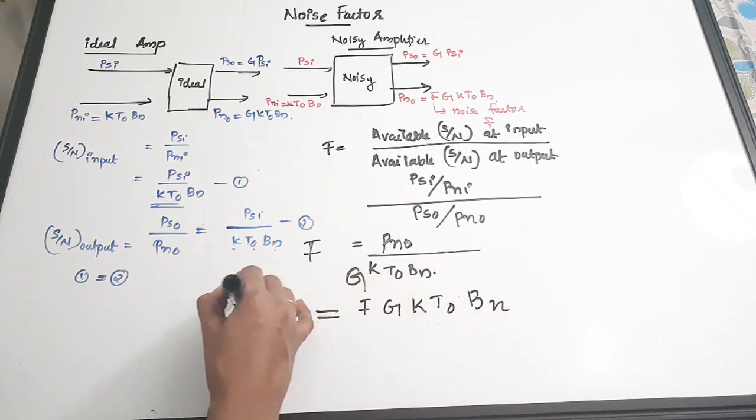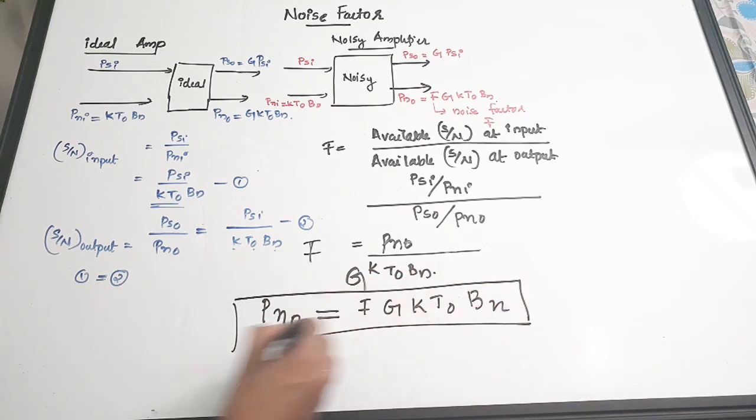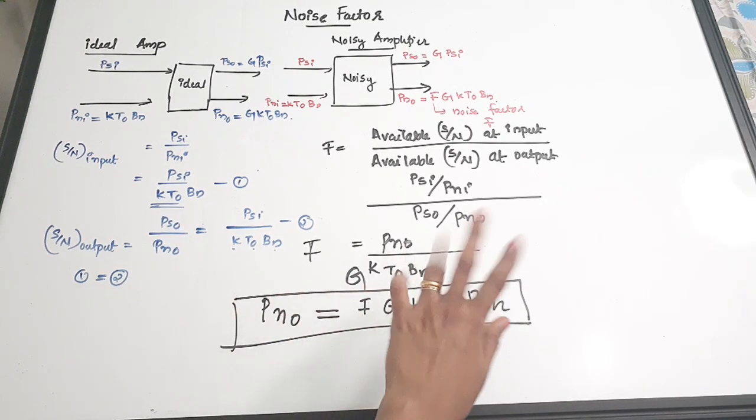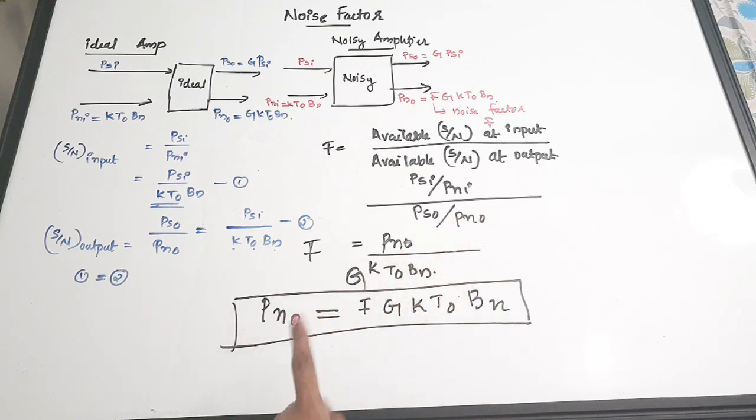So in order to derive this relation, we have kept Pn0 as it is. Output noise power is equal to noise factor times G into K T0BN.